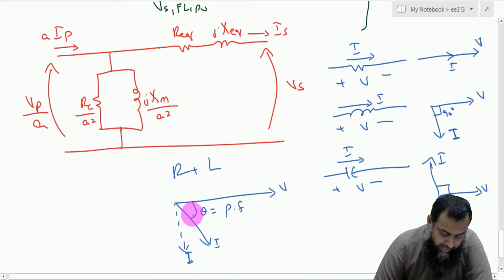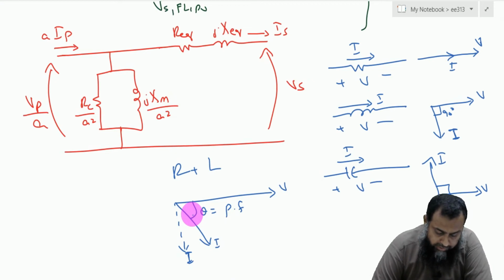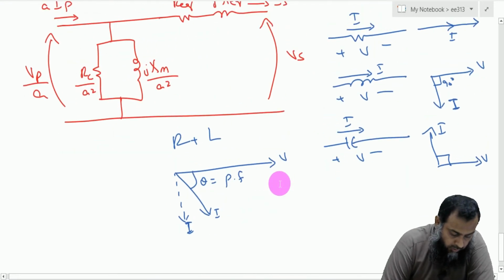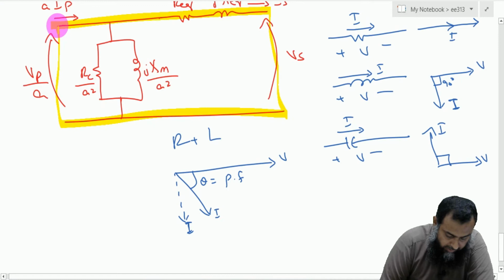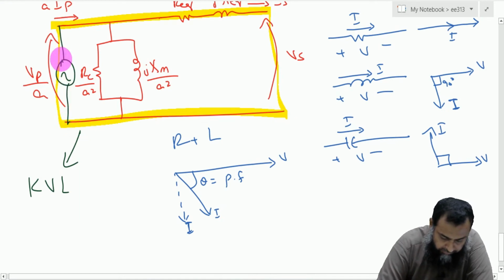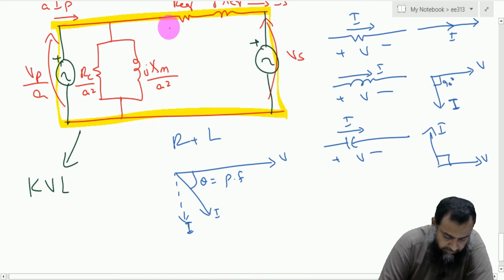So for designing the phasor diagram here, let us first apply KVL on the outer loop. If this is the whole outer loop and I apply KVL here, let us say we have this side positive, and also this Vs with this side positive.